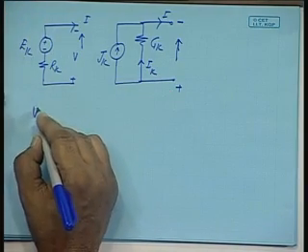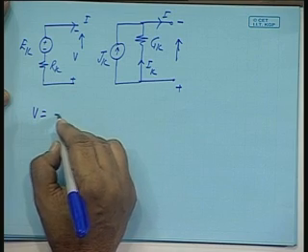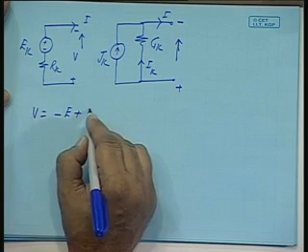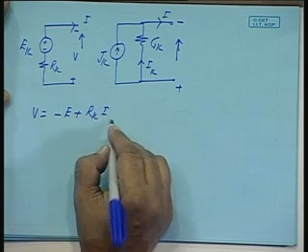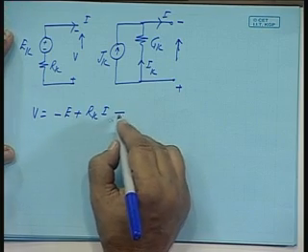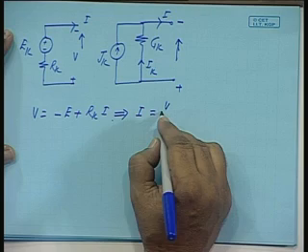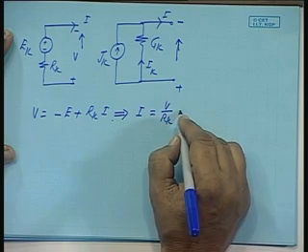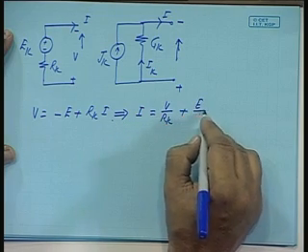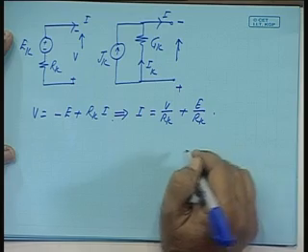So, we have got V equal to minus E plus Rk into I, which gives me I equal to V by Rk plus E by Rk.